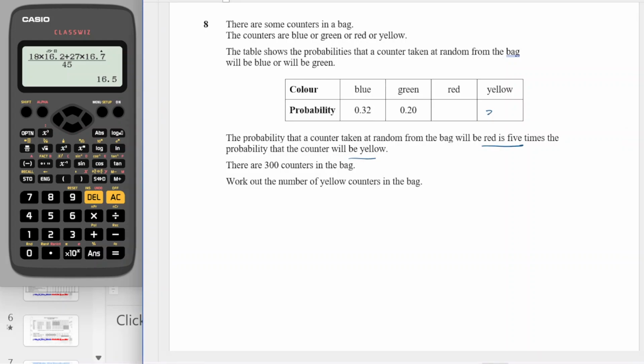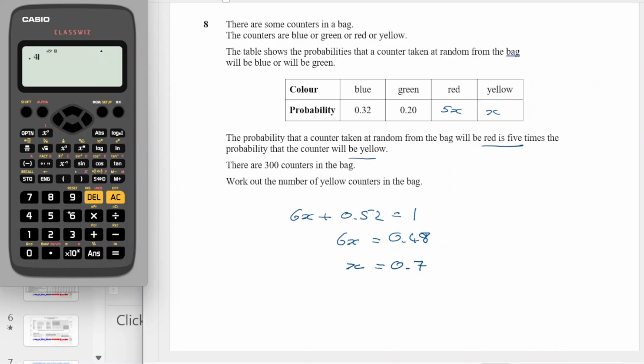So if I call that x and I call that 5x to start with, those probabilities need to add up to 1. So if I add those up together, I'd have 6x plus 0.52 is equal to 1. So 6x has got to be equal to 0.48.